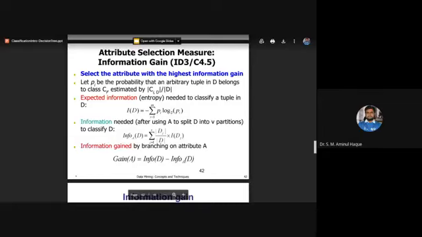Now let me explain what is entropy. Is there anyone who has heard this term before, entropy? Do you know what it is about?